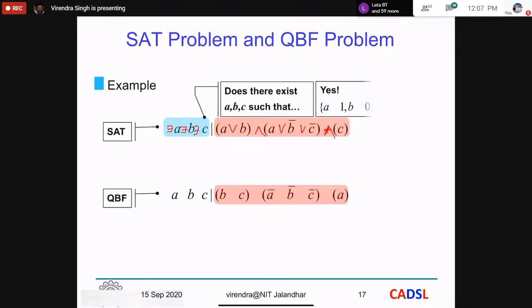This is what we define, and this is one of the values. Now in QBF, here all these variables have an existential quantifier, that there exist. I need one value of A and one value of B and one value of C so that all these clauses are satisfied. So this is the existential quantifier.